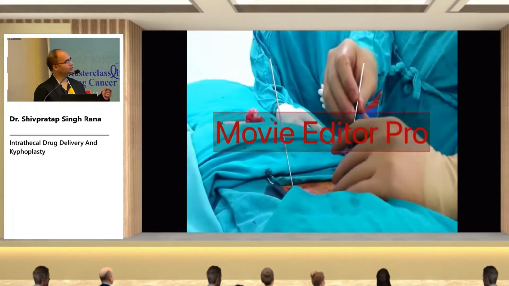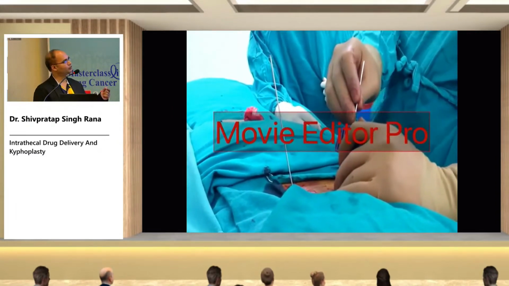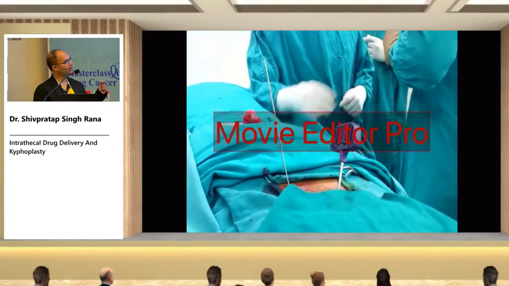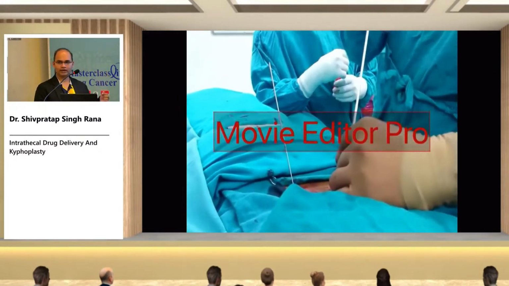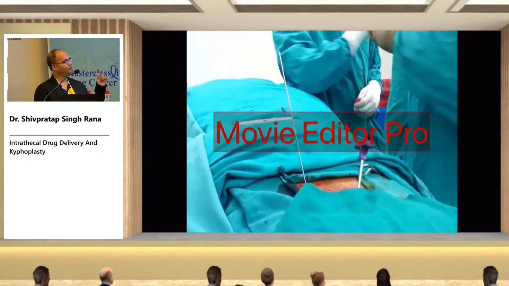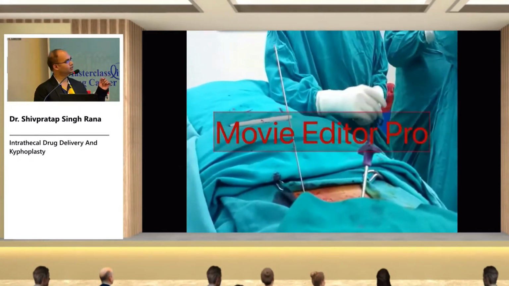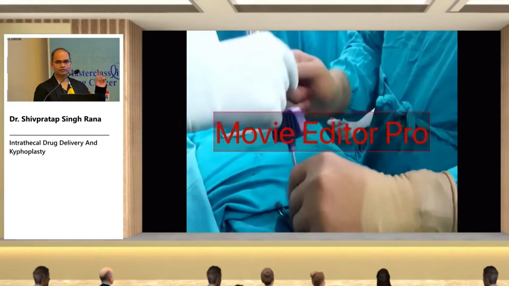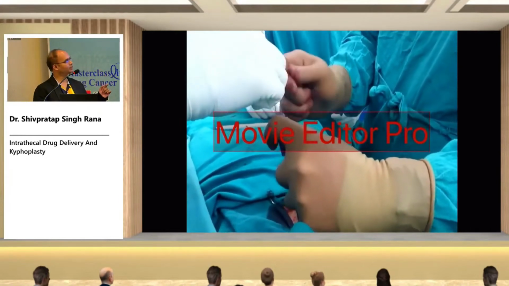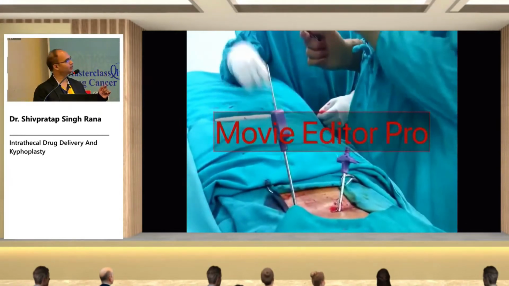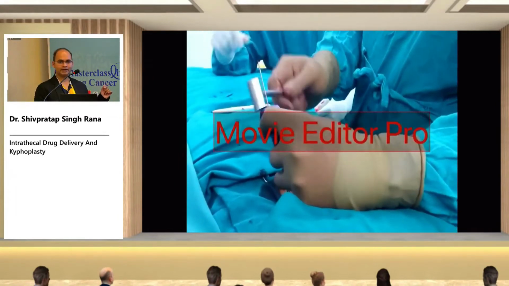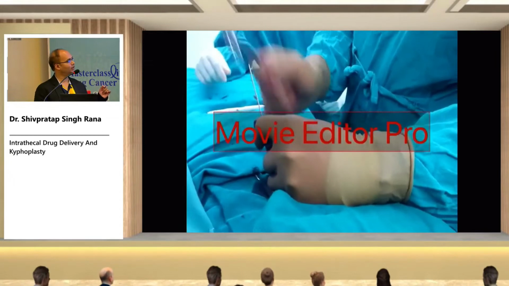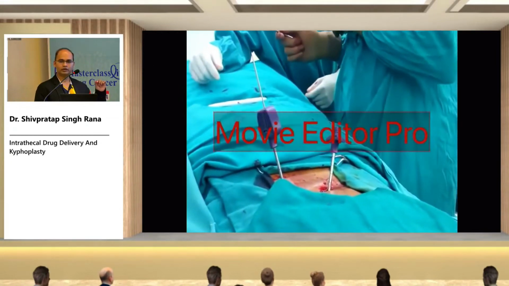Once this step is finished, then you have to put the trocar. You have to basically place your trocar over the guide wire and then remove the guide wire. This is step number 3. A little bit of hammering again at this point of time is needed. Okay, once your trocar is in the right place in the posterior 1/3 of the vertebral body, then you have to put the driller.